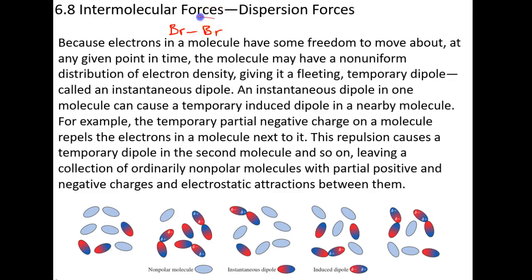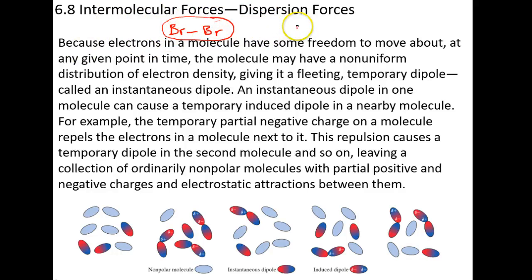There is this electron cloud around our two bromines, and it is not stagnant. It's actually swishing back and forth. A perfect analogy is imagine you have a bucket of water and you shake that bucket a little bit. The water sloshes back and forth until eventually it stops. That's what's happening here. The electron density is swishing back and forth.